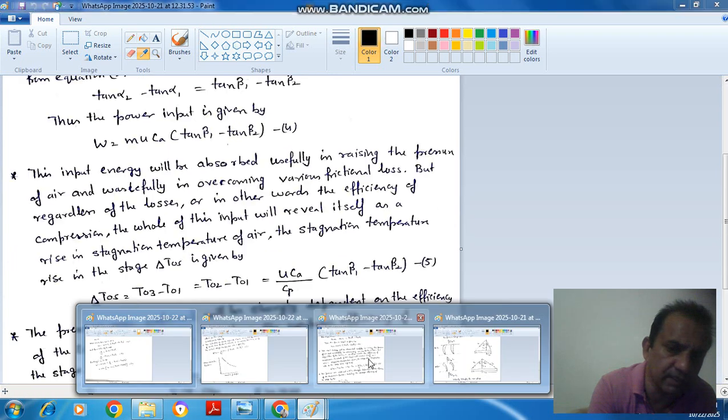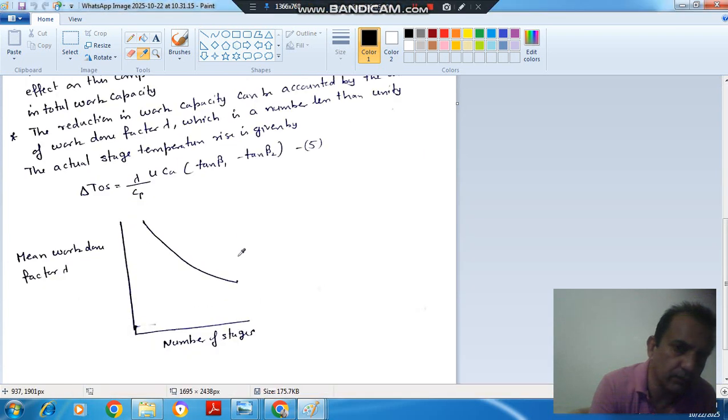So to compensate for this, we will take mean CA and introduce a work done factor, that is lambda. The work done will be lambda U CA (tangent beta 1 minus tangent beta 2).